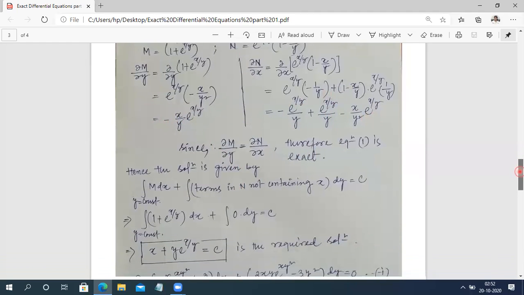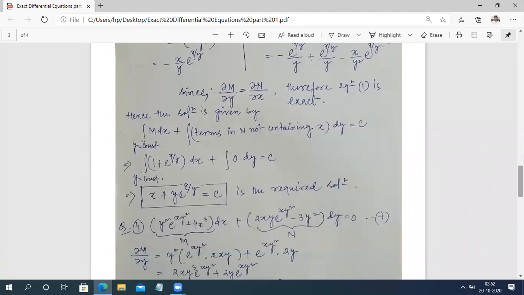So write the solution, and the solution is integral of m dx keeping y as constant plus terms in n not containing x dy is equal to c. So here m is 1 plus e raised to the power x by y.